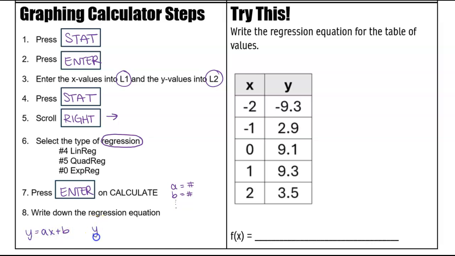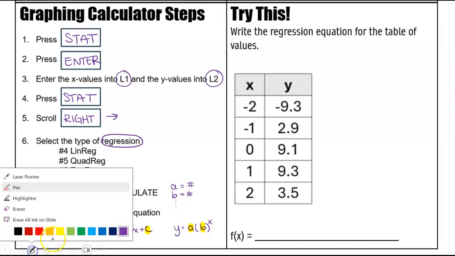If we have a QuadReg, it will look like ax squared plus bx plus c. And if we have an ExpReg, it'll look something like a times b to the power of x. And every single a and b will be replaced with the value, oh, and c, replaced with the value that the calculator tells you. So let's do this example.